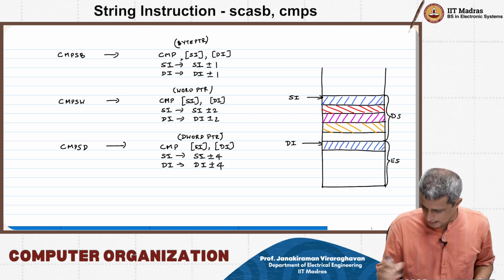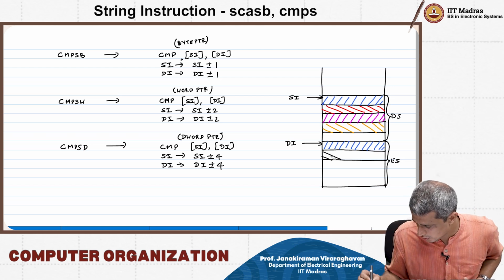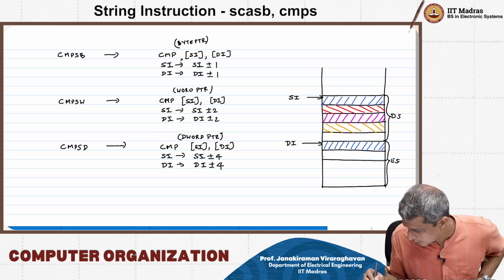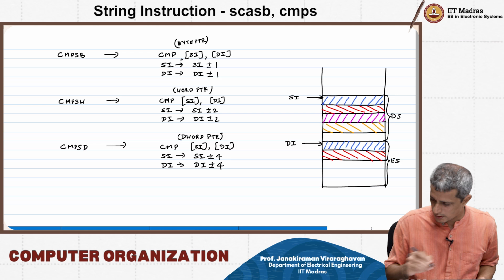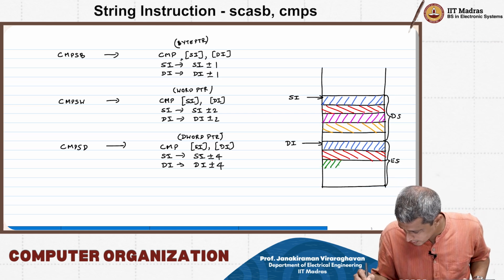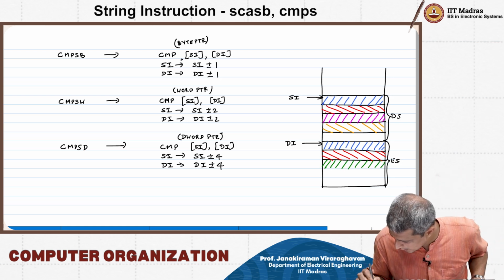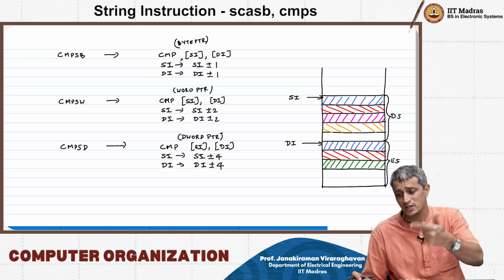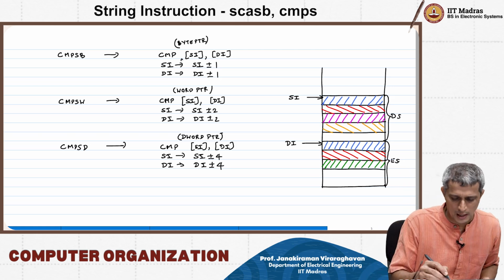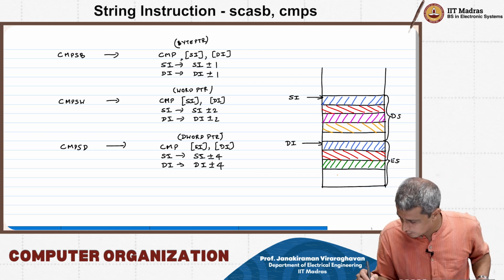Then we'll assume that the second D word, 4 bytes, is also the same as what was in the data segment, right? So now the third location, let's assume that this is different. This is my green color, which is a different value from what the third location D word was in the data segment, okay. And it does not matter, maybe the fourth value can still be the same as what it was.